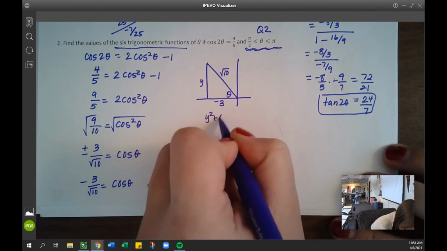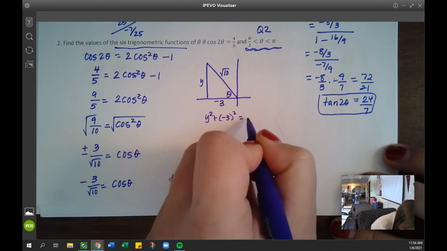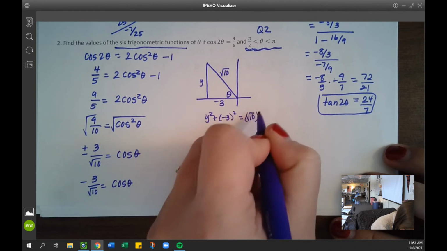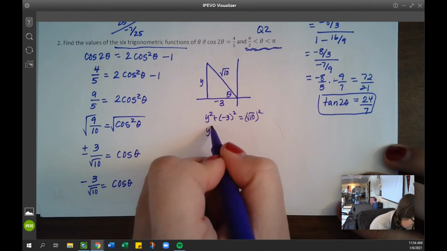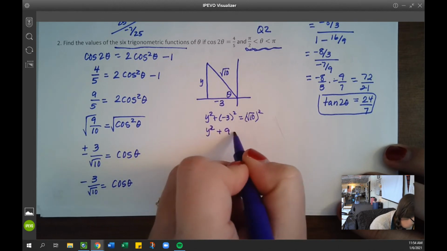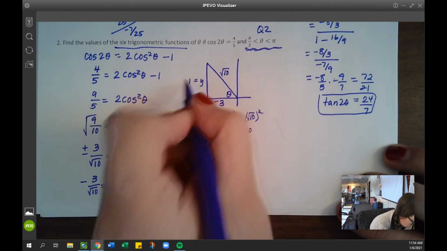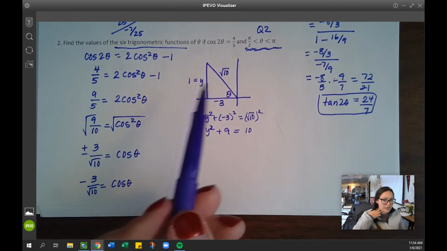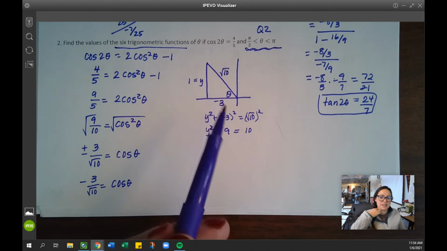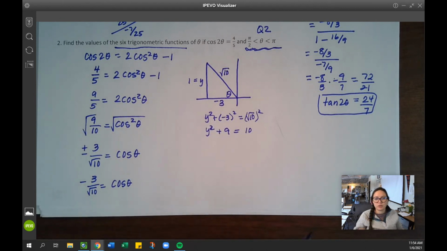Y squared plus negative 3 squared equals the square root of 10 squared. Y squared plus 9 equals 10. So y is going to equal 1. And now that I have all 3 sides of the triangle, we can just go through SOHCAHTOA and get all 6 trig functions.